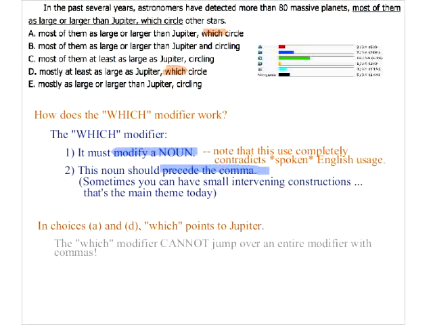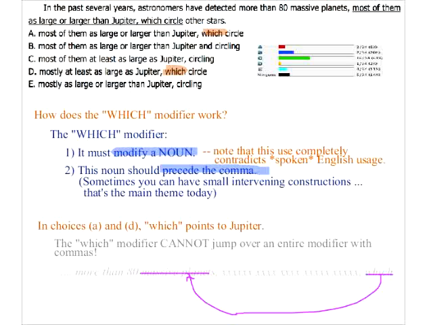So the kind of sentence that we're looking at here is: blah, blah, blah, more than 80 massive planets, comma, a bunch of stuff, comma, which. You can't make this jump. So to the people who are saying massive planets, no, you're not allowed to do that. The which modifier can't make this jump.